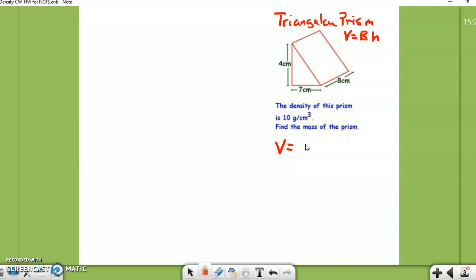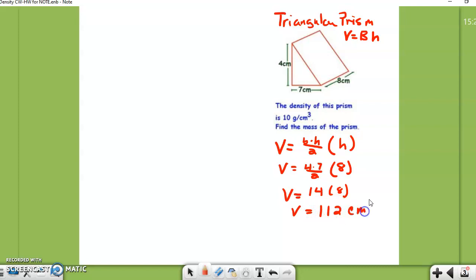So the area of the base is a triangle, and that's going to be my base times height, my little b, divided by 2. And then it's going to be times the height of the prism. So I'm going to have 4 times 7 divided by 2. And then my height is the edge of those rectangles that connects one base to the other. So this would be 14 times 8.